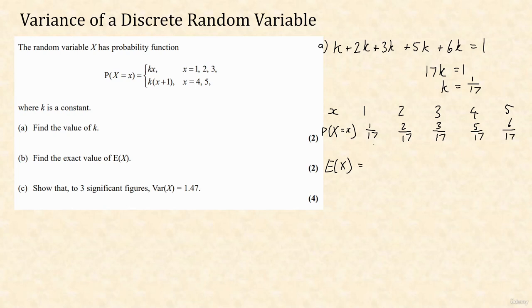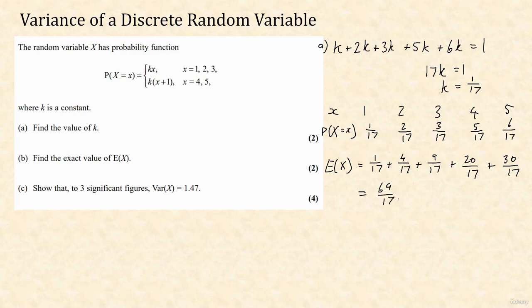So it's 1 times 1 over 17, plus 2 times 2 over 17, plus 3 times 3 over 17, plus 4 times 5 over 17, plus 5 times 6 over 17. Add all of these up, and we get 64 over 17.